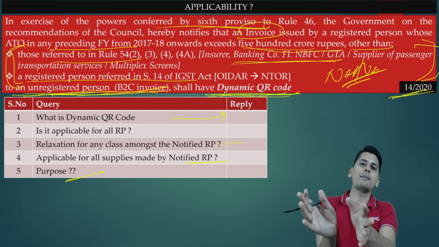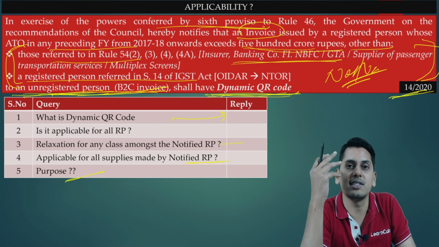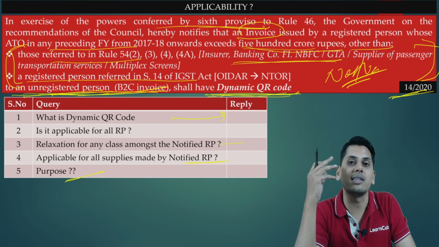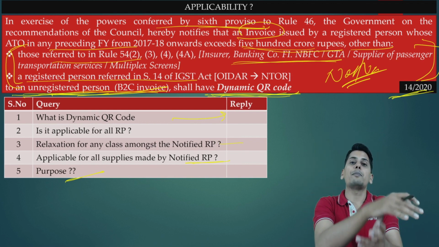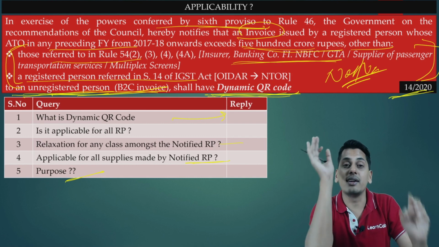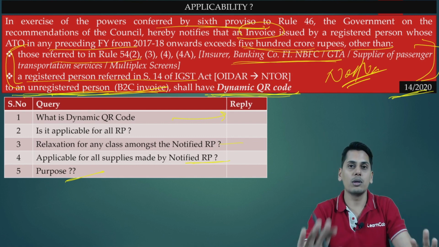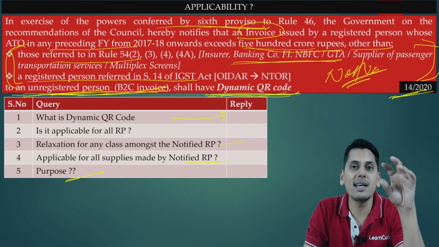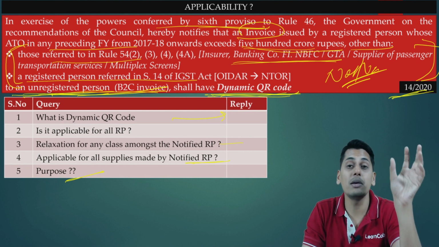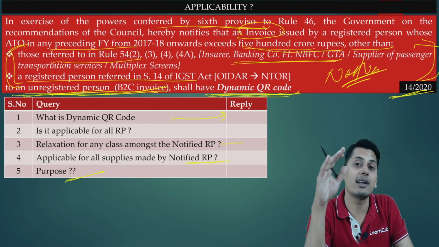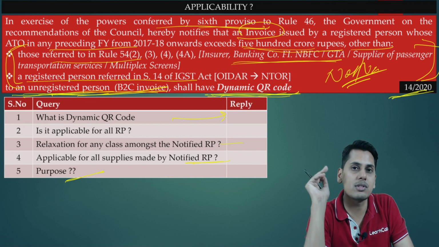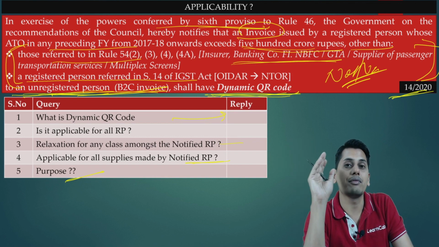The moment reporting happens, auto population happens in GSTR-1, in the e-way bill portal, and in the GSTR-2 of the recipient. It is near real-time reporting to the portal, thereby minimizing the reasons for fraud and tax evasion. We have discussed at length the advantages and the purpose of that QR code.